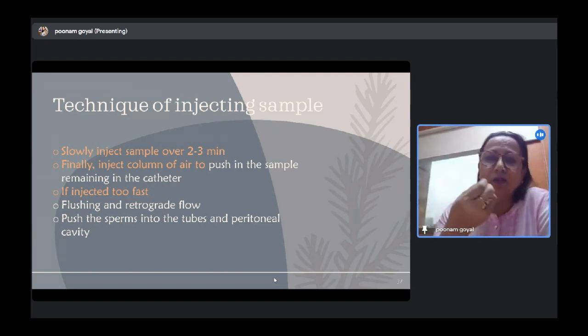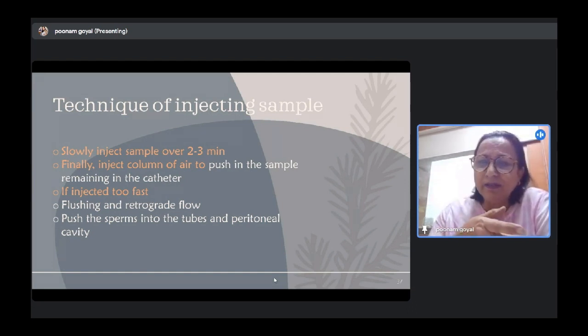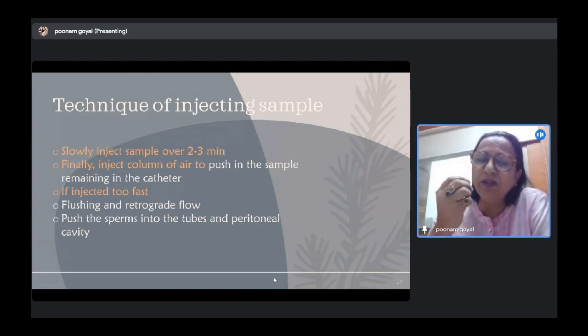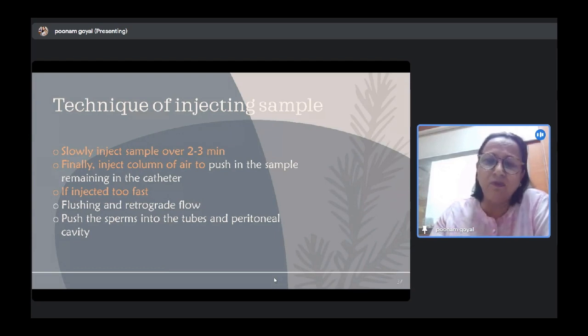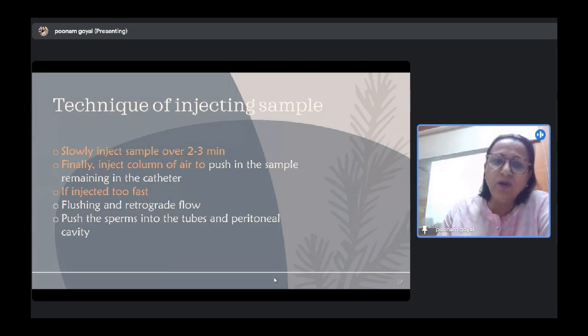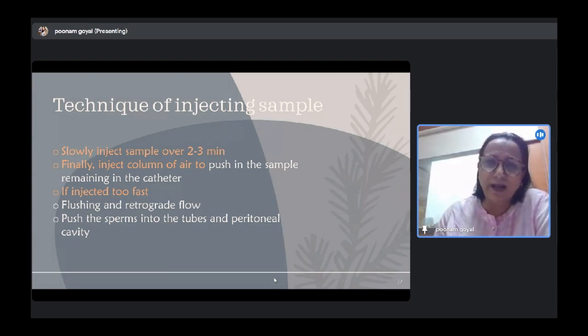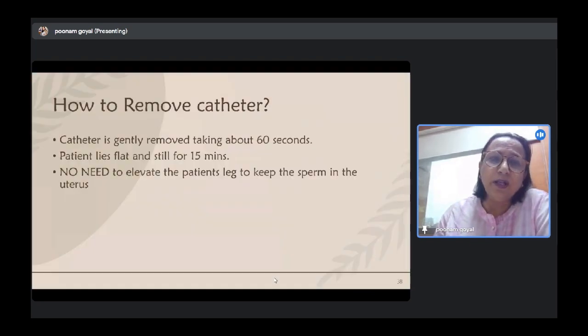After that, I try to remove the catheter. If you are injecting too fast, there is no place in the uterine cavity to take even 1 or 2 ml of fluid which is being pushed too fast, and that may come out into your catheter or outside as such. So how to remove the catheter?